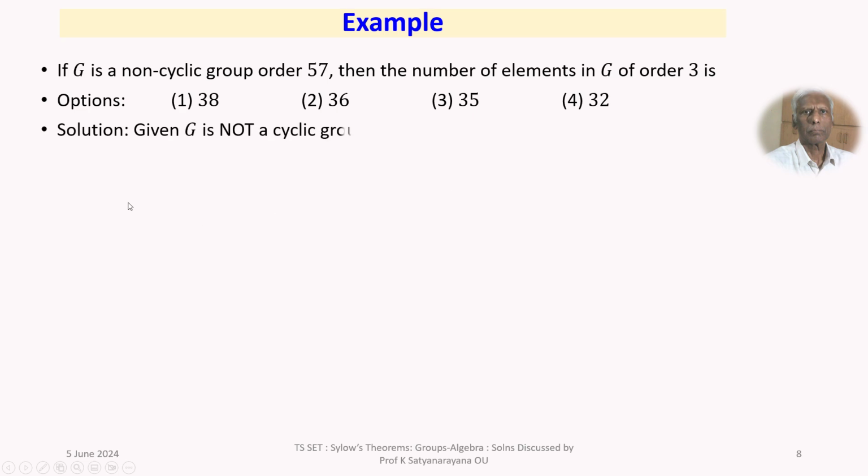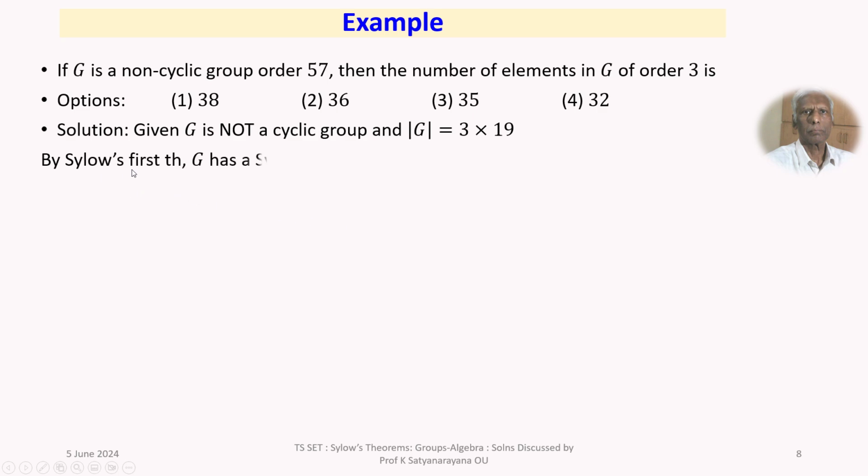It's an easy question. Given G is not a cyclic group, right? Order of G is given to be 57. The prime factorization is 3 into 19, right? So, we have to talk about the number of elements in G of order 3. So, first of all we talk about 19.